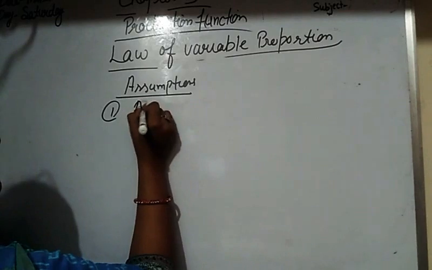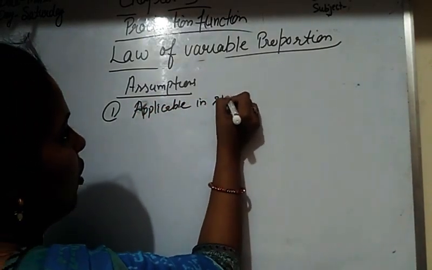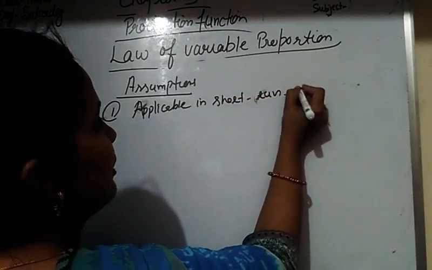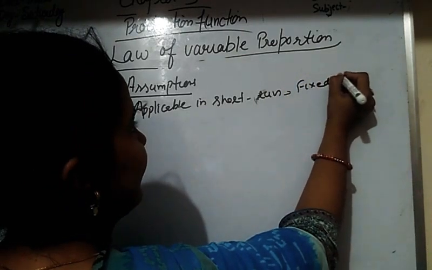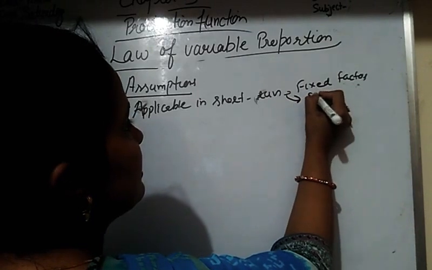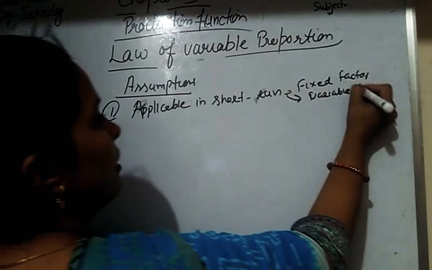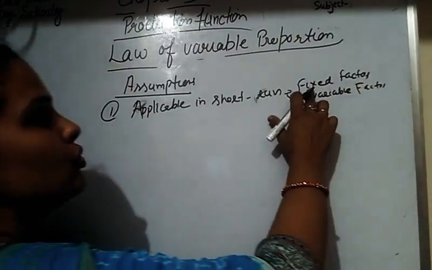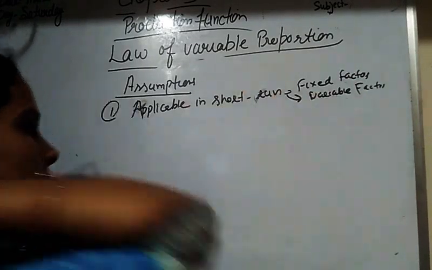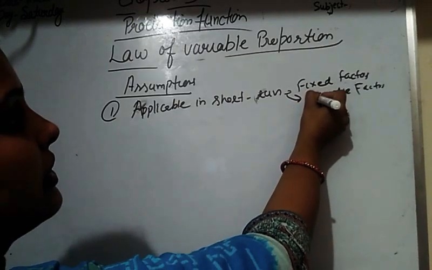Applicable in the short run means in a short period, in which factors are classified into fixed factors like machinery, plant, land, and variable factors like labor and raw material. Students, it is very difficult to change fixed factors in the short run, but it is easy to change variable factors. So if a producer wants to increase production, they can make changes in variable factors.